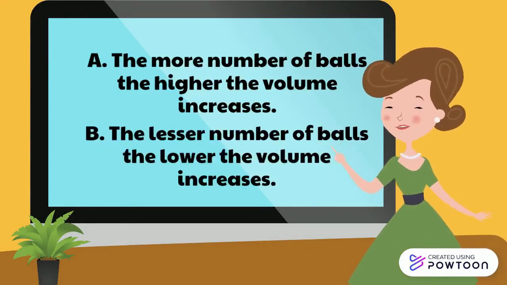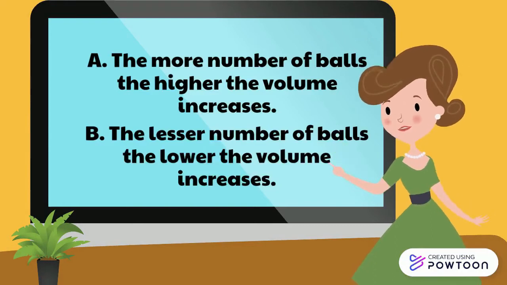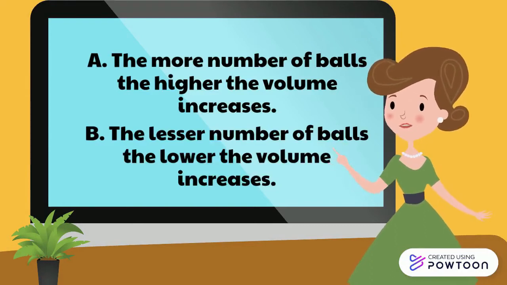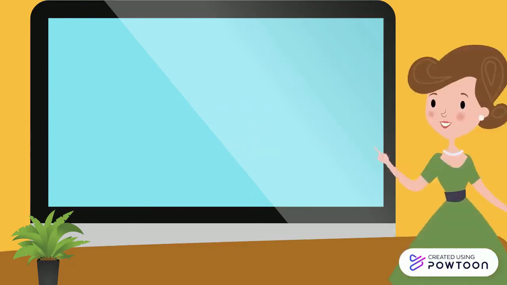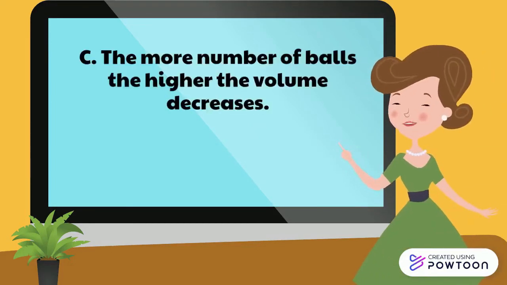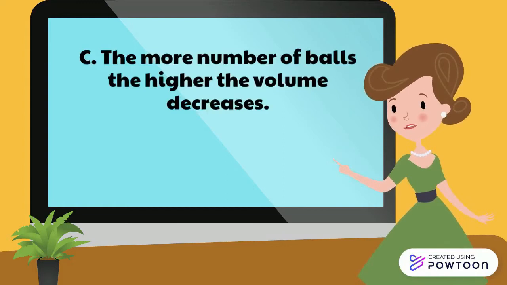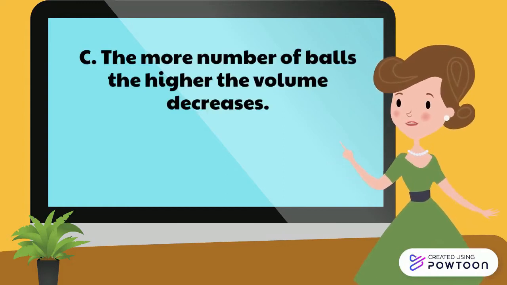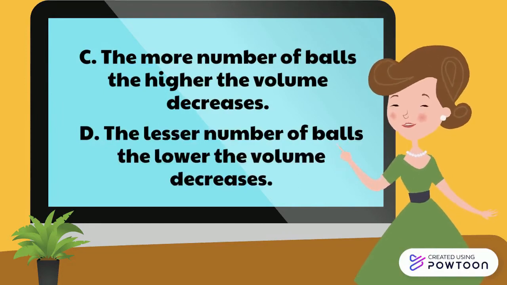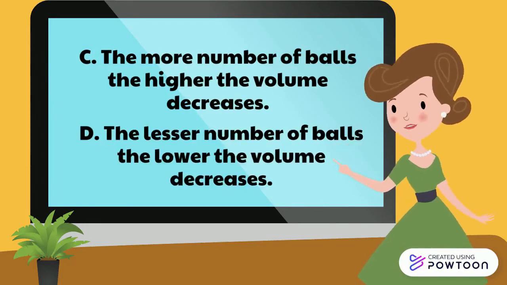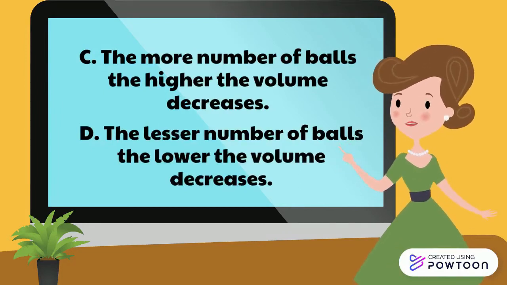Option B, the lesser number of balls, the lower the volume increases. To continue, option C, the more number of balls, the higher the volume decreases. Option D, the lesser number of balls, the lower the volume decreases. Alright, the correct answer is letter A. Very good!